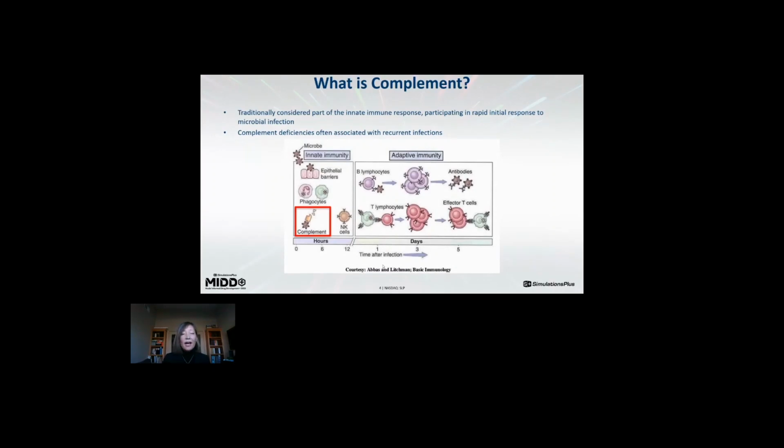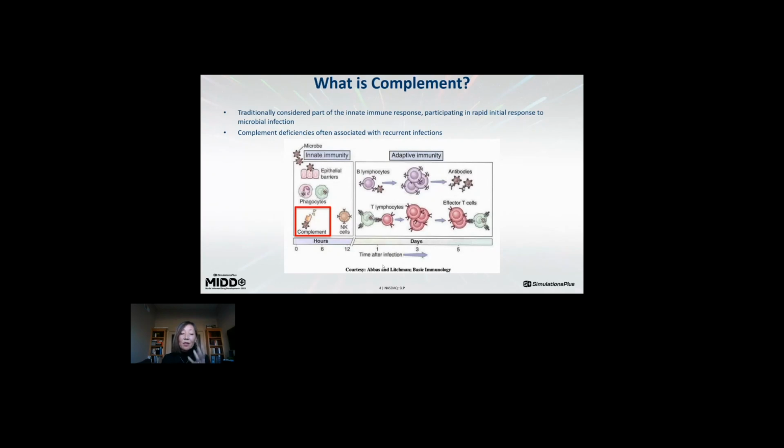And in the second part of the immune response, you have the adaptive immune response, where you have a very targeted and pathogen-specific response. And it takes days to weeks in order to get that army mobilized and then get it out there and working.